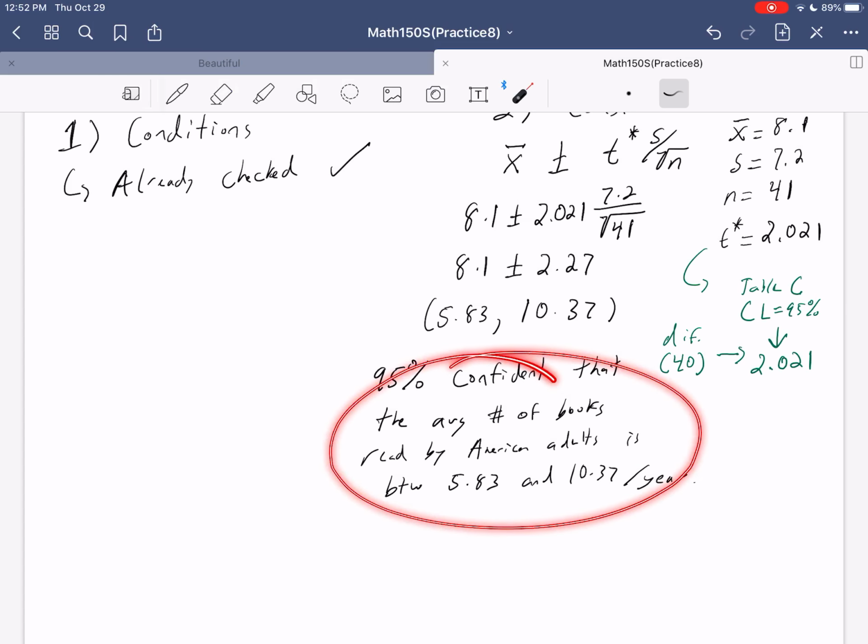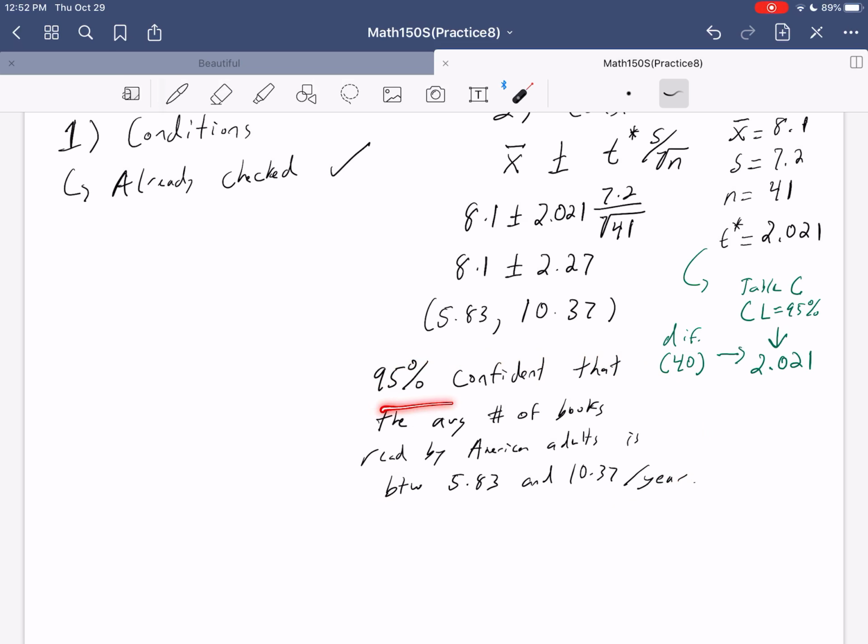So this is how we write interpretations of confidence intervals. We always lead with the level of confidence. Then we say what we're estimating. In this case, it's the average number of books, right? It's not the number of books for all adults, right? It's the average number for this population. And then we say the two values that it's between, the low end 5.83 and the high end 10.37.